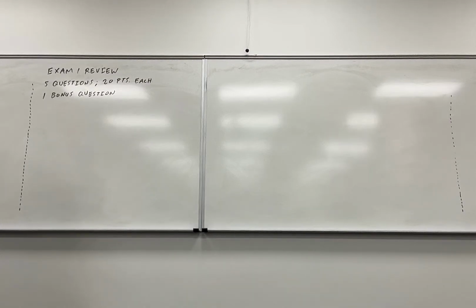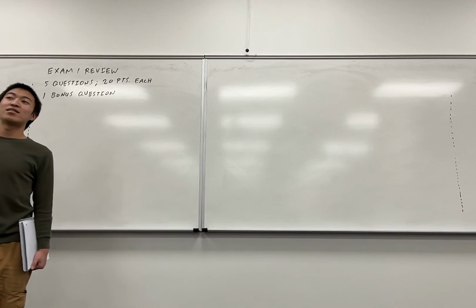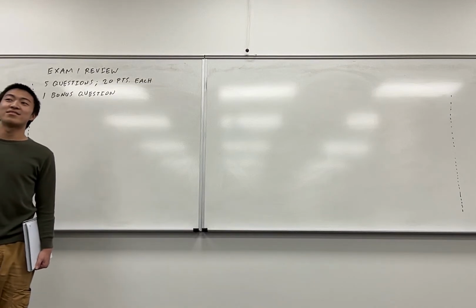Is that a FERPA violation? If you don't put our names, it's okay. You could do student 1, student 2, and we can each be assigned our own specific number, but we only know our own number.